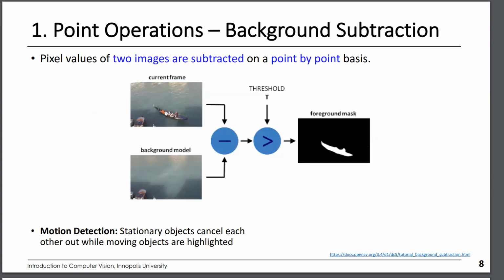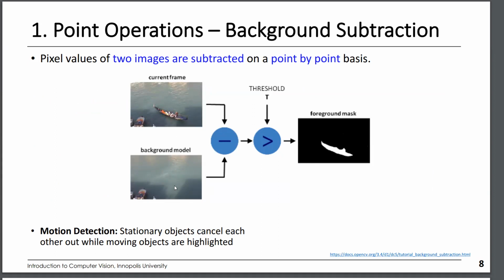For example, here we have the current frame. This is our background model, and we're trying to find the foreground mask, or an object that is moving, right? Pixel values of two images are subtracted on a point-by-point basis. We take this point, subtract it from this point, they are the same, meaning this point did not change. We take this point, subtract from this point, also black, did not change.